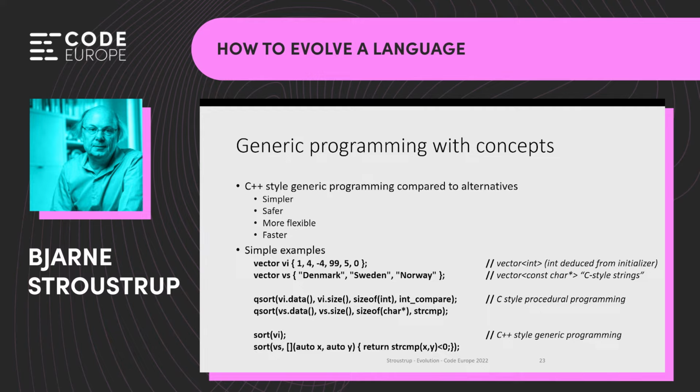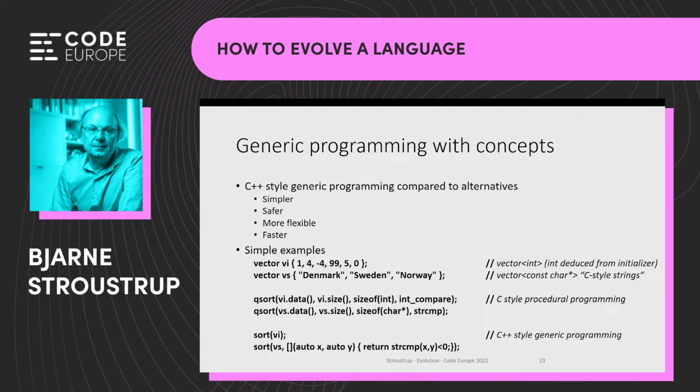Less than is not less than because, well, less than on unrelated pointers is undefined, and anyway, it doesn't give the right answer. So I'll just tell it how to compare C-style strings, and of course I just call strcmp from the C standard library. That's a lambda, which is a generated function object, and so it works. So it doesn't just have to work, it has to work with the old stuff also.